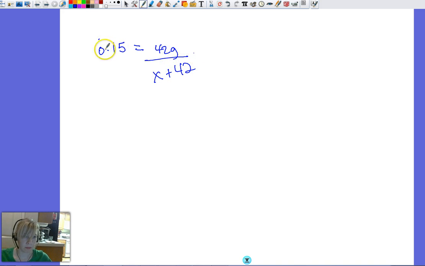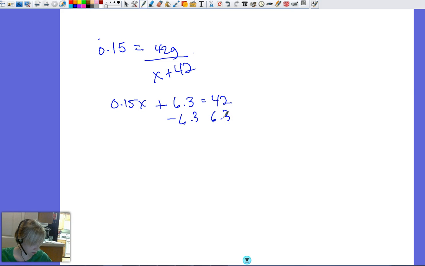Same process, multiply each side by the x plus 42, so I have 0.15x plus 42 times 0.15, 6.3 equals 42 minus, let's see, 42 minus 6.3. So we have 0.15x equals 35.7 divided by 0.15.